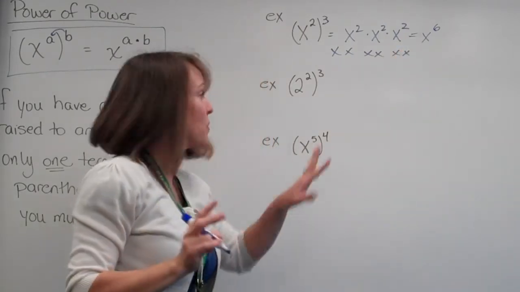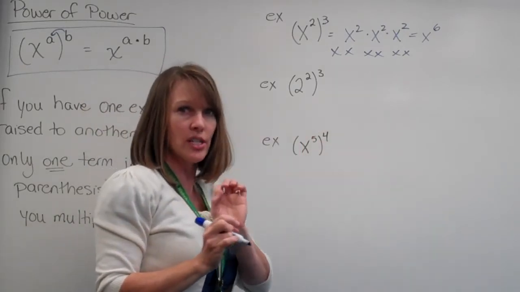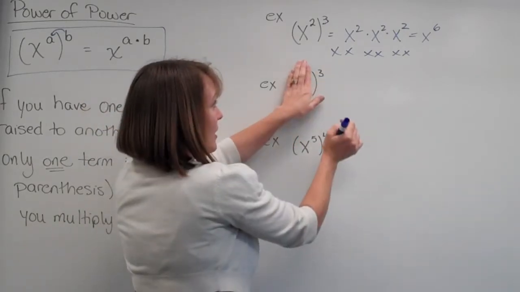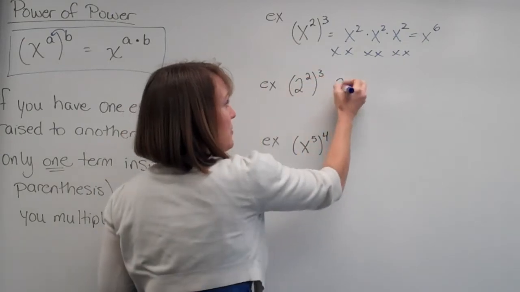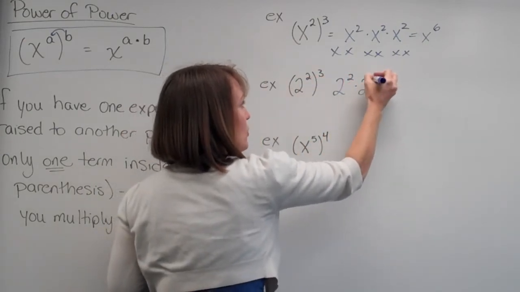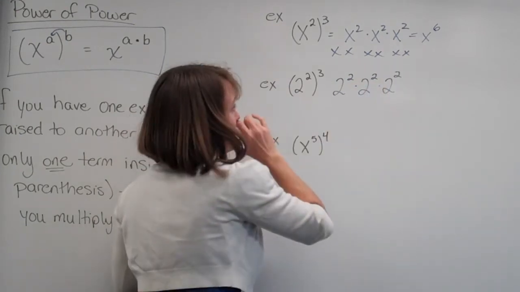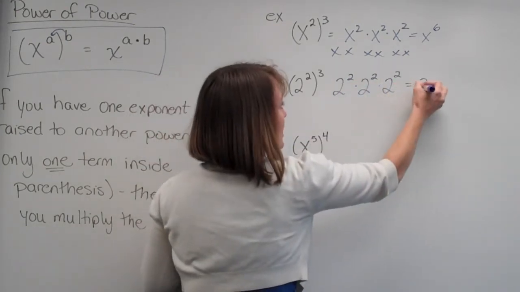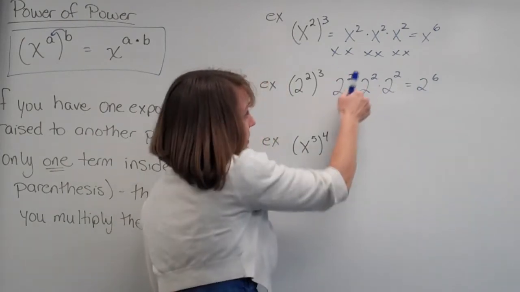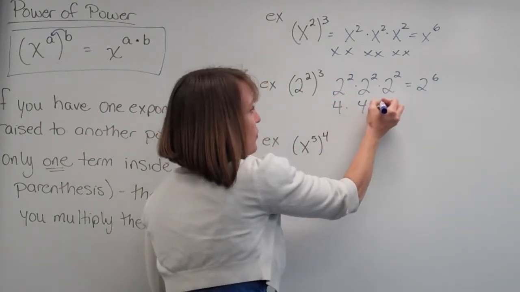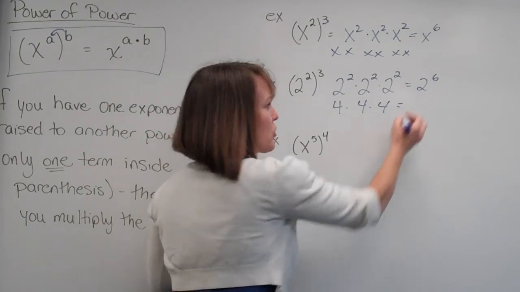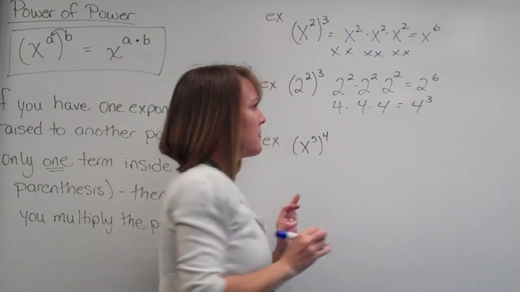All right, let's do the same thing with a number, right? We got two strategies here. We can do the exact same thing. We do this base 3 times, 2 squared times 2 squared times 2 squared. And we can say, well, we could give this as 2 to the 6th, or we could keep care of this exponent and say 4 times 4 times 4, which would be 4 to the 3rd.